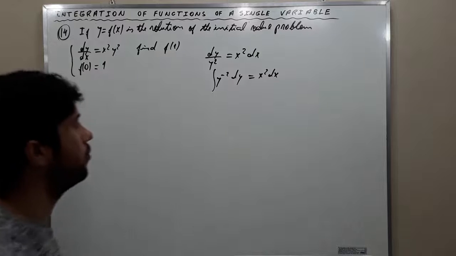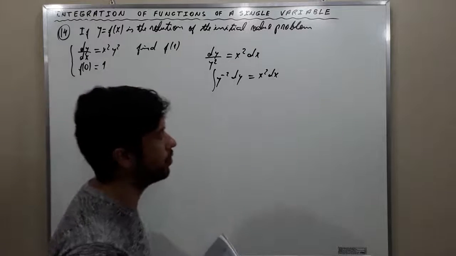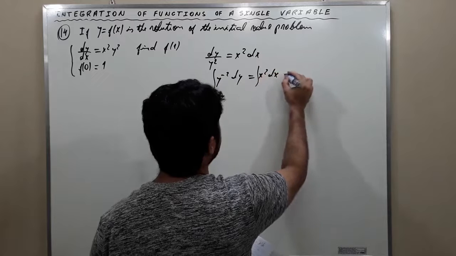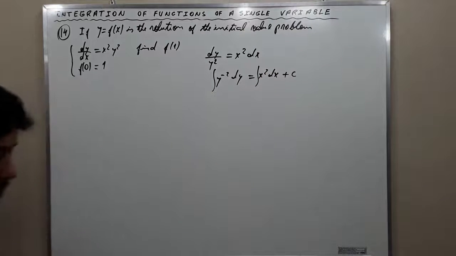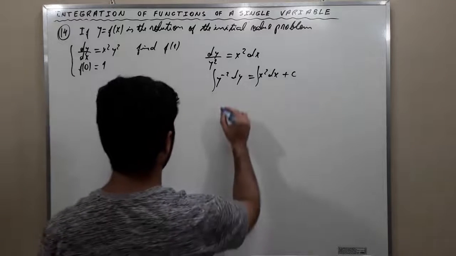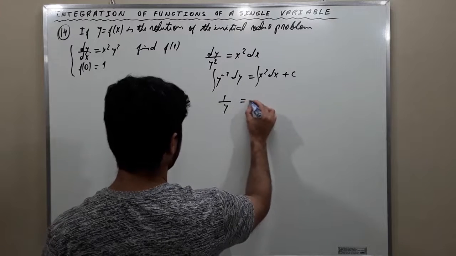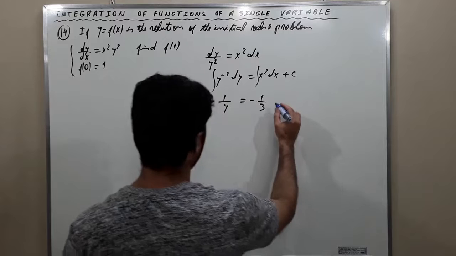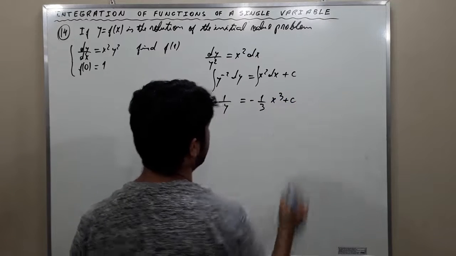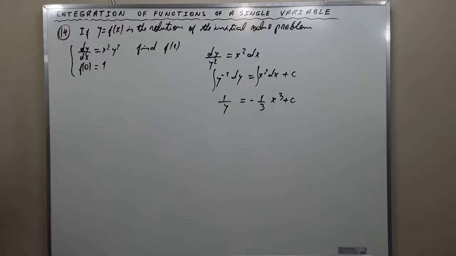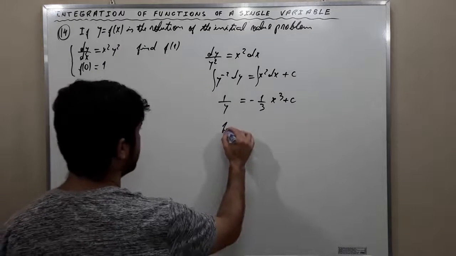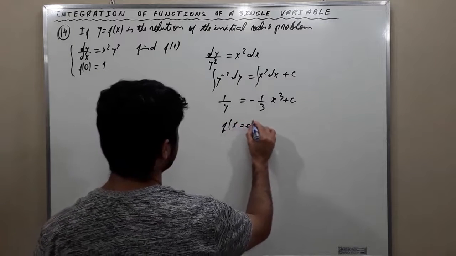To find an expression for y, we simply integrate both sides plus a constant of integration, and the result is 1 over y equal to the negative of a third x cubed plus c. Can you see how easy it is? The integration of this is this. And now we can simply use that f of 0 is equal to 1.